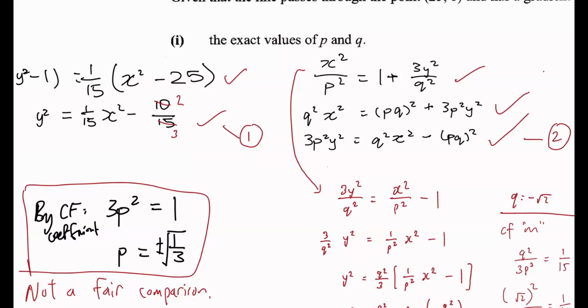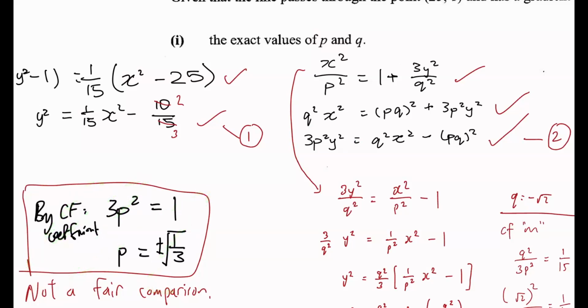Let's pretend that you know the answer for P is 1. For example, it's not actually 1. It doesn't work. You just try sub in P equal to 1, what do you get? 3P squared is 3, right? So it becomes 3y squared. Assume P equals to 1 first, ignoring your working.